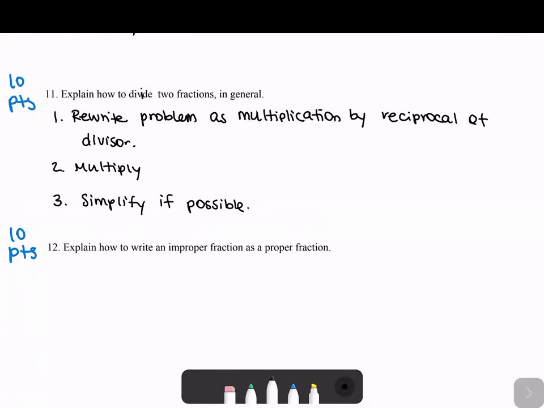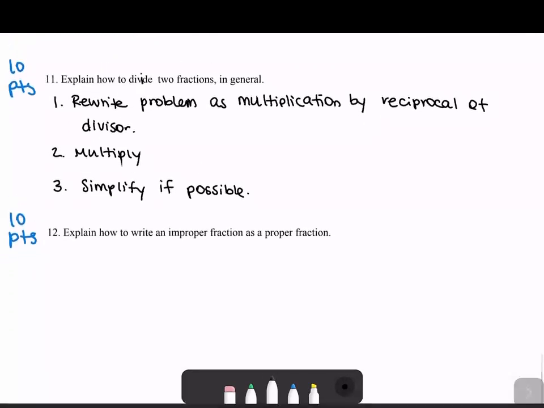Okay. Lastly, how to rewrite an improper fraction as a proper fraction. So more precisely, how to rewrite an improper fraction as a mixed number.